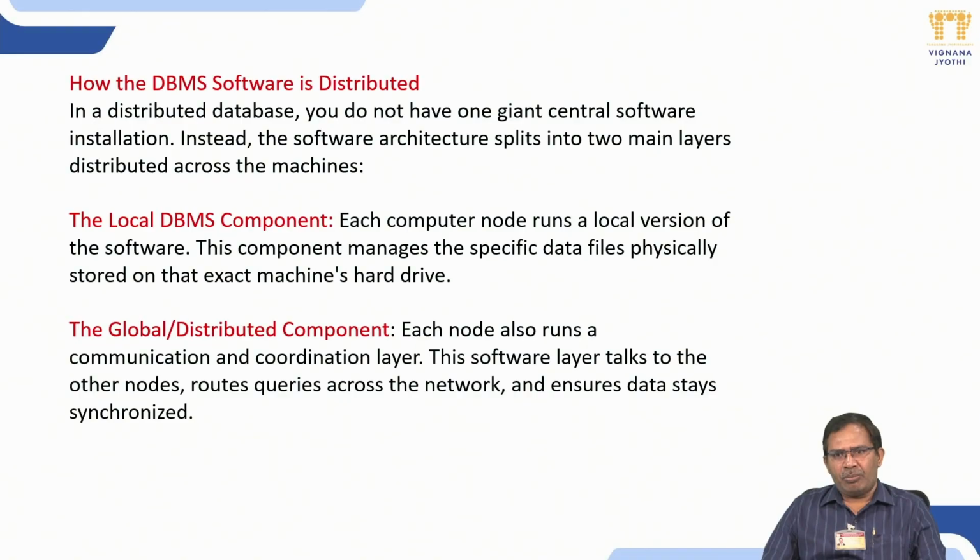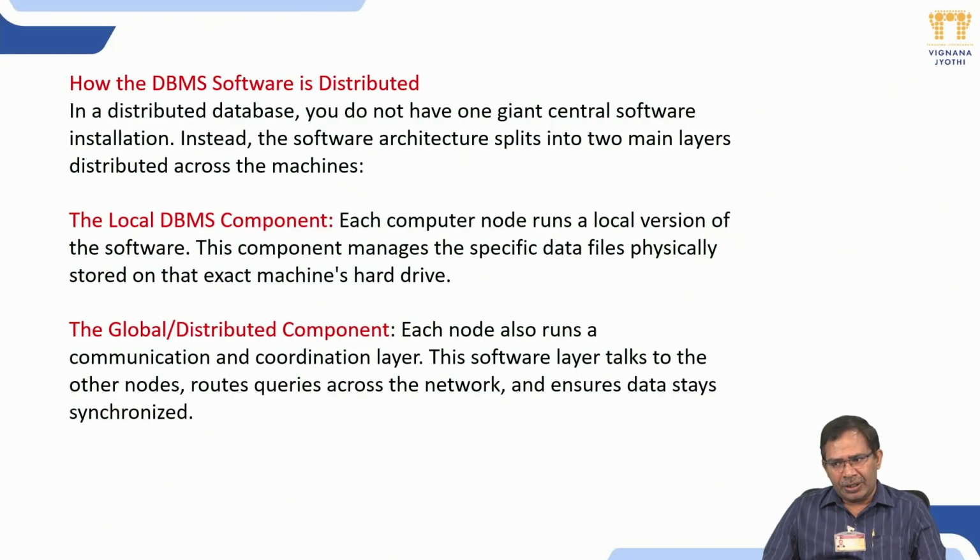The local DBMS component manages the specific data files physically stored on the system and is used to work on the local data available, whereas the global distributed component runs on a communication and coordination layer that is capable of routing queries across the network and ensures data stays synchronized at multiple places.